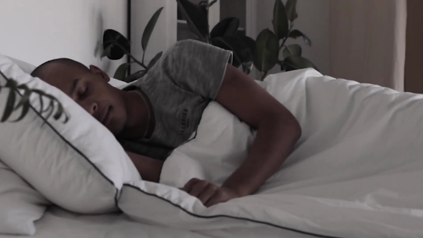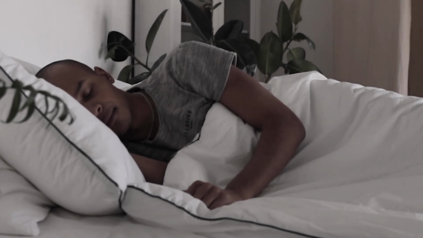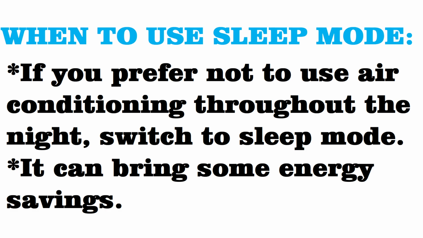So when should you use it compared to quiet mode? Use this mode when you do not want to run your AC throughout the night. Remember, in quiet mode it will run through the night because it will maintain a stable temperature. In sleep mode, this one will keep going off based on the conditions. So go for sleep mode if you don't want air conditioning to run throughout the night, which means some energy savings for you.